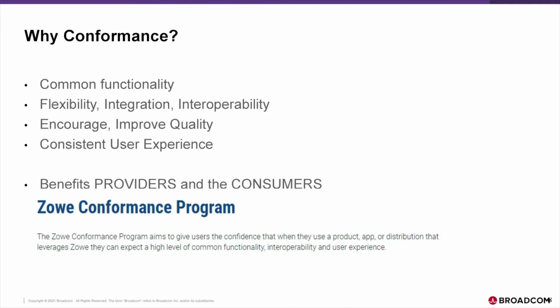We need that common functionality. We need that interoperability between other products, and the users of our products have this confidence that we have good quality code as well as a consistent user experience. This conformance benefits both the providers and the consumers.